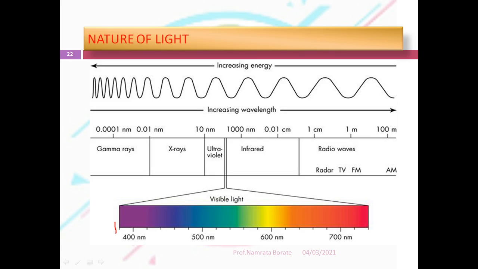This part of the spectrum is called the visible light. It lies between the wavelength of ultraviolet and the infrared.